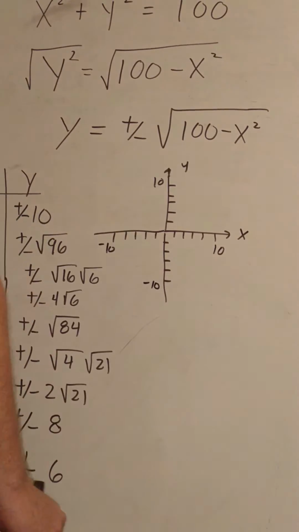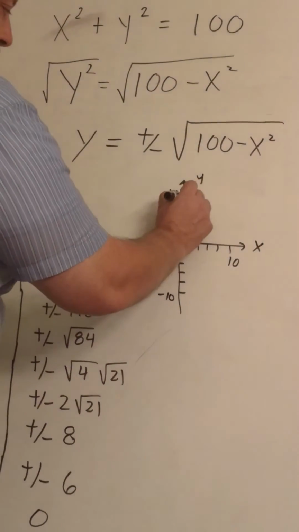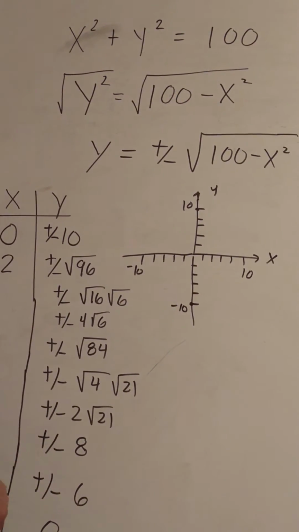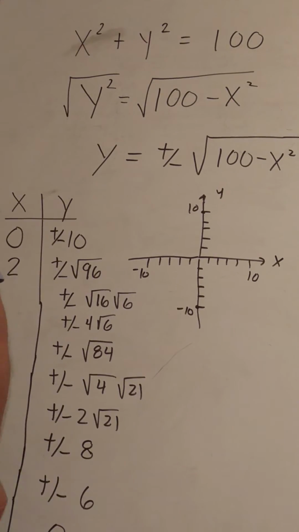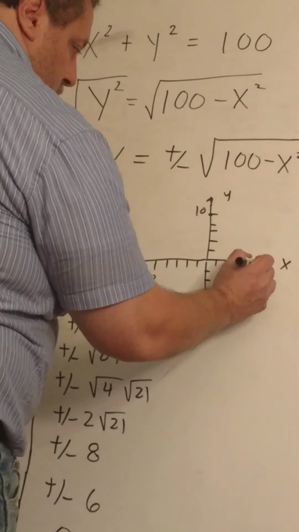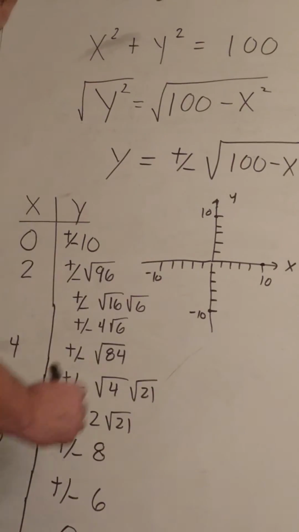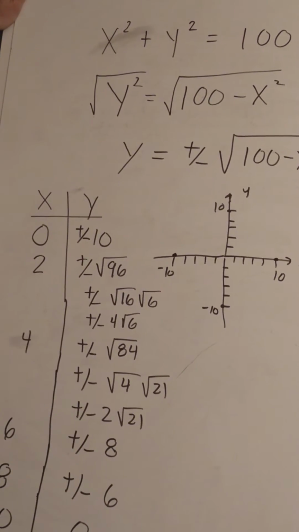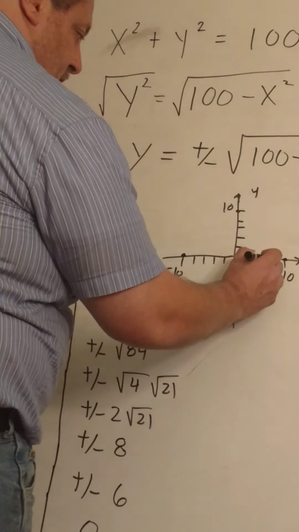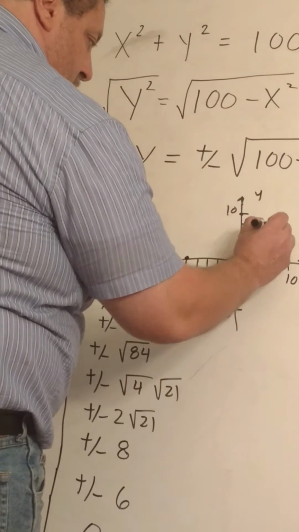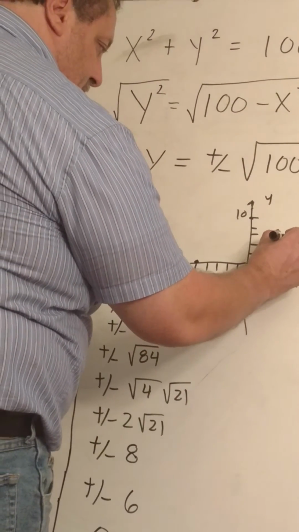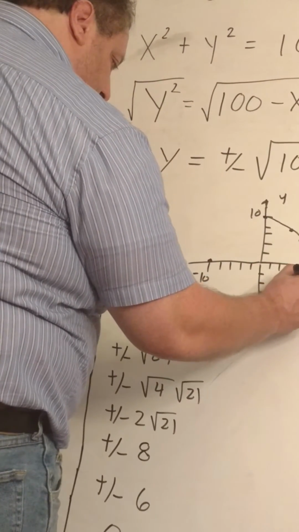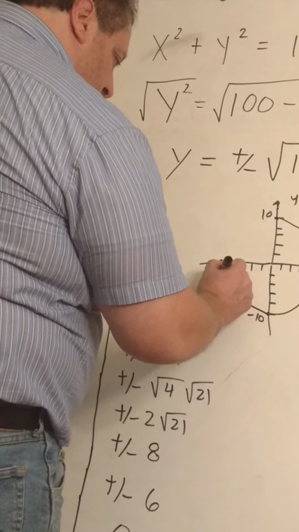If x equals 0, I would get this point and this point, plus and minus 10. If x equals 10, y is 0, and if x equals negative 10, I get that point. If x equals 6, y would be 8, and if x is 8, y is 6. So without a lot of proof, with just partial information, this is what you get.